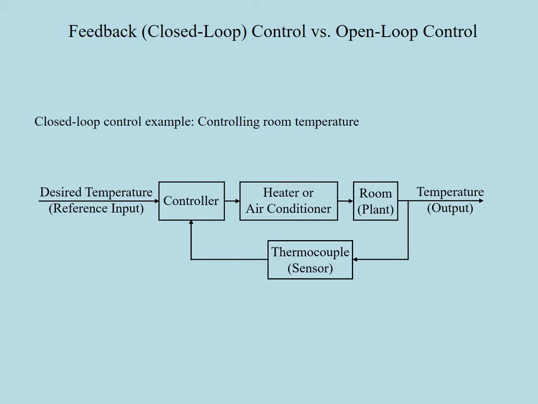The controller compares the desired temperature set by the user to the measured temperature in the room and commands the heater or air conditioner. The air blown by the heater or air conditioner is expected to drive the temperature in the room to the desired value through the dynamics of the room. Note that the aim is to equate the room temperature to the desired one, and this is achieved by monitoring the difference between the desired temperature and the actual temperature.